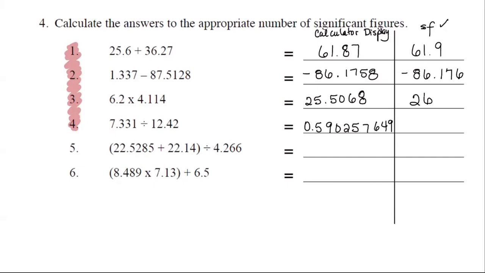Okay. And then we need to round it. Excellent, to 3 sig figs. 0.5903. Okay. Remember the rules for sig figs. Don't be dropping numbers just like that.